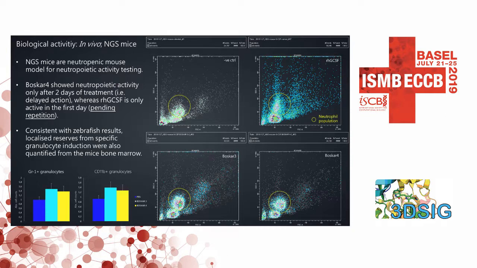And in fact, after 3 days of treatment, we see something consistent with what we see in the fish, that it has overall lower neutrophil counts than we see with BOSCAR3 and BOSCAR4. We also quantify the neutrophils that are mature in the bone marrow, because we noticed in the fish that the neutropoiesis is so excessive when induced by the design that a lot of it stays in the bone marrow, and it's clearly and significantly higher than the untreated.